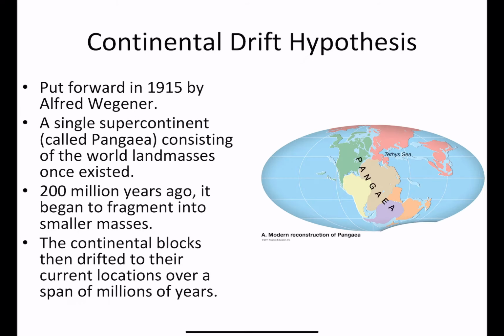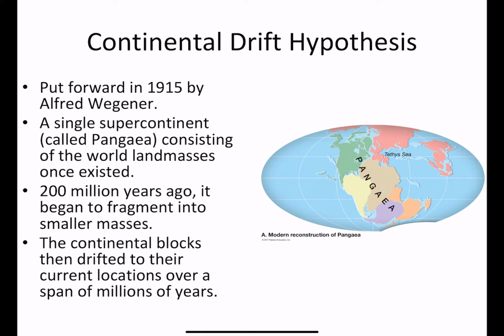All right. Okay, the next thing that we're going to talk about is the continental drift hypothesis. So the idea here is that the continents that we see on our planet now were not always in the same locations that you see them at now.